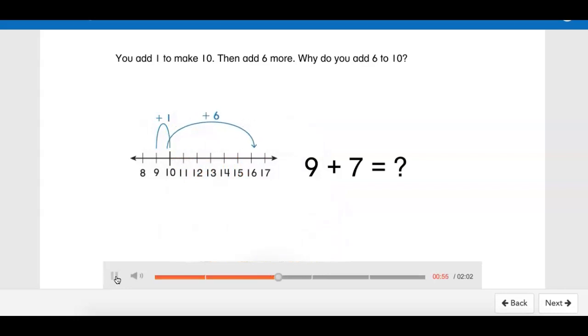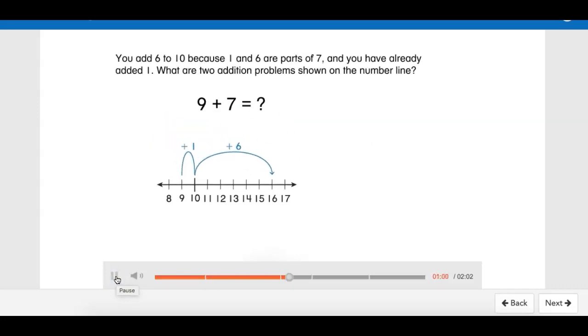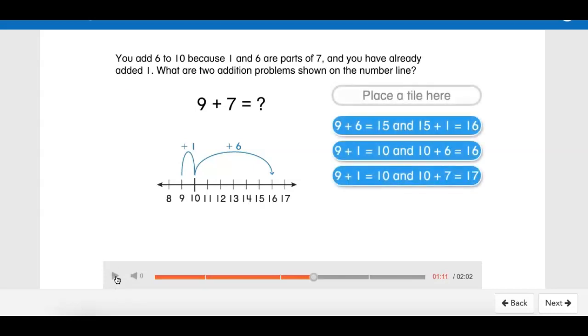Why do you add 6 to 10? You add 6 to 10 because 1 and 6 are parts of 7, and you have already added 1. What are two addition problems shown on the number line? Select your answer.